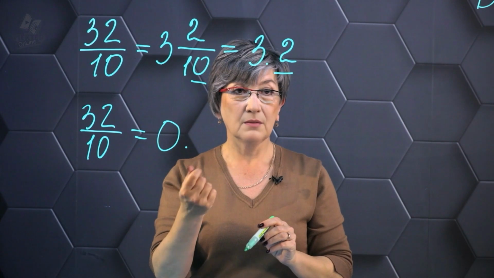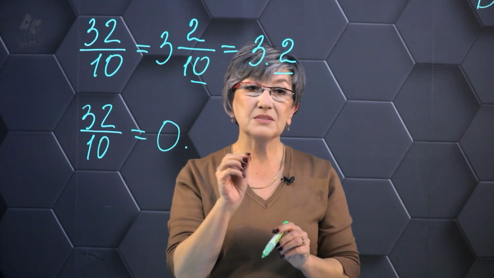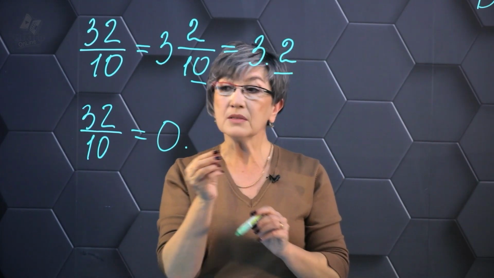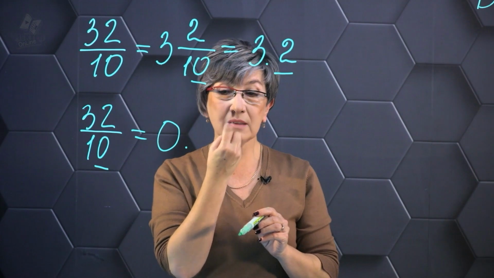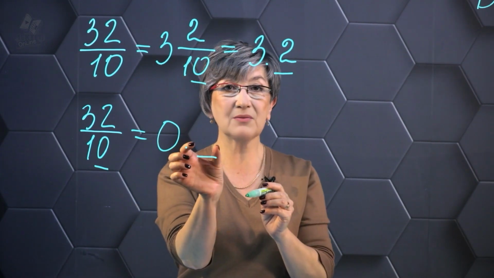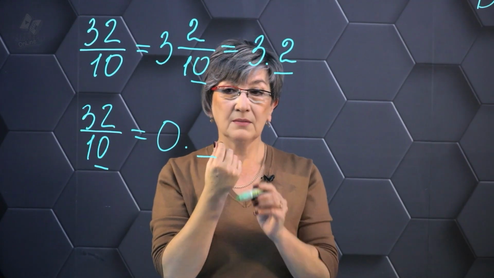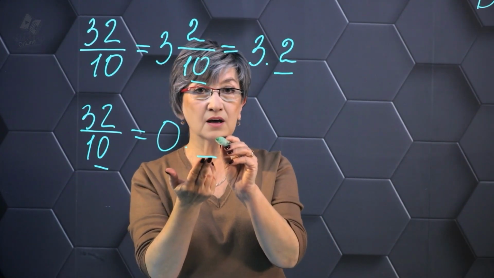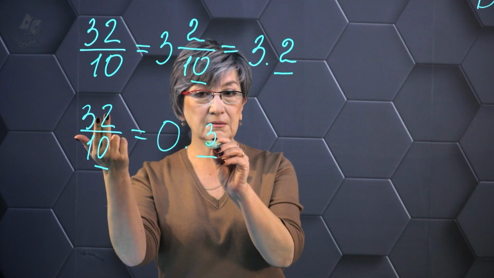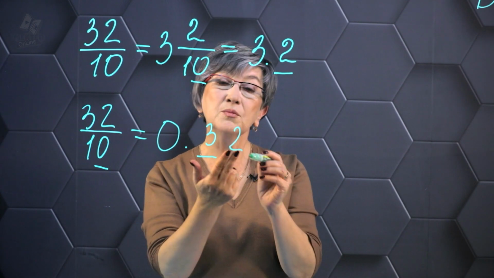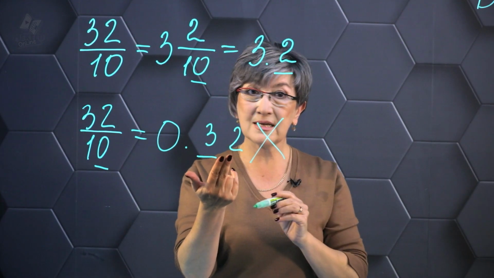But then the rules say I have to write as many digits after this point as there are zeros in the denominator. I have only 1 zero in the denominator, so I have to write down 1 digit. But I have 2 digits in the numerator, 3 and 2.